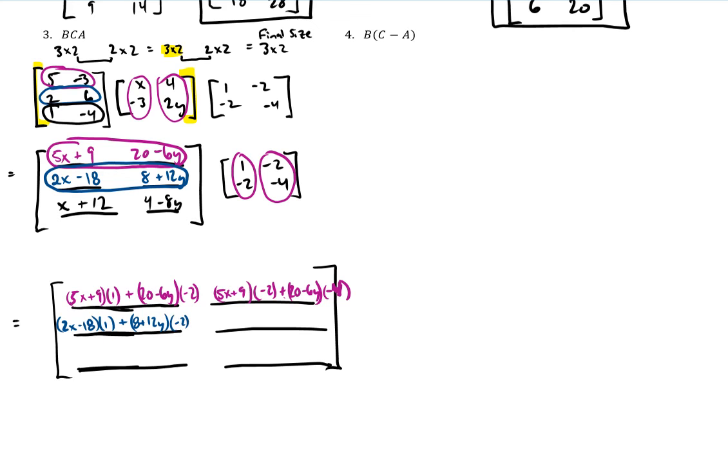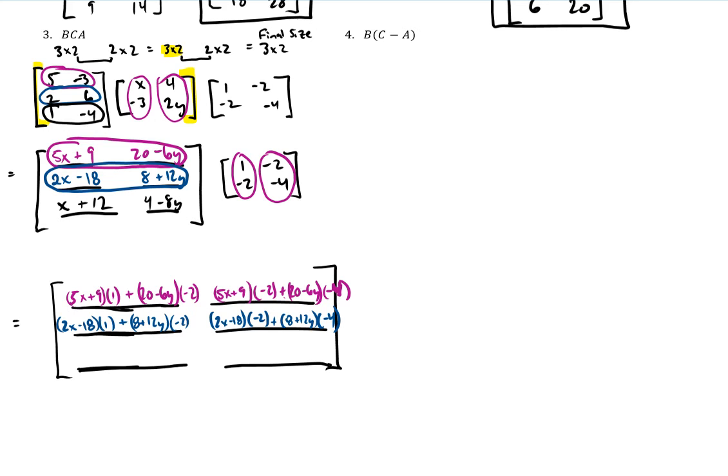And then we'll take the same row and multiply it by that second column there. So 2x minus 18 times that negative 2. And then we have plus 8 plus 12y times the negative 4. Okay, so that's a little better.